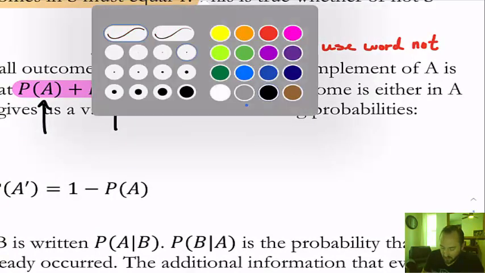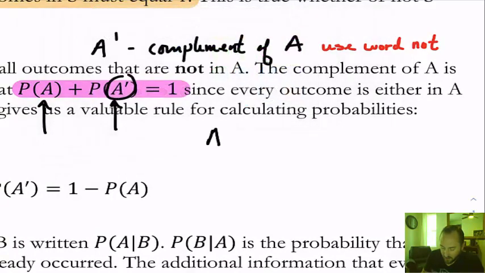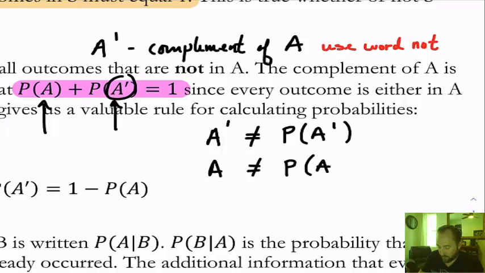There are two things to be careful of that I want you to be aware of. A prime is not the same as the probability of A prime, and the same thing goes, event A is not the same as the probability of event A. In the language, people often get those mixed up, even though I kind of know what they mean. So be careful when we're talking about events A prime or A versus the probability of those events. They're different.